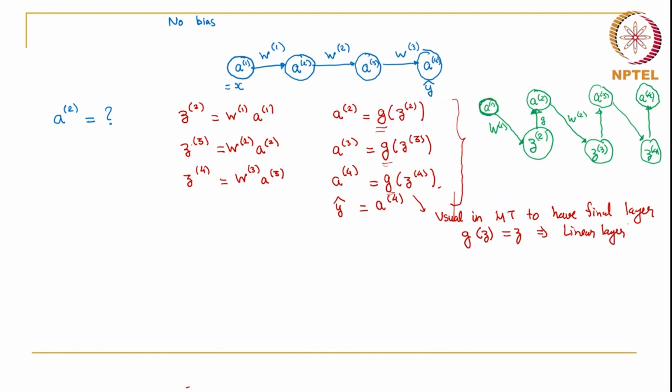So in the final layer, instead of putting some sigmoid of Z, we simply put Z, which basically means it's a linear function. So I'm going to assume that that is the case here. That is, A4 is equal to Z4.